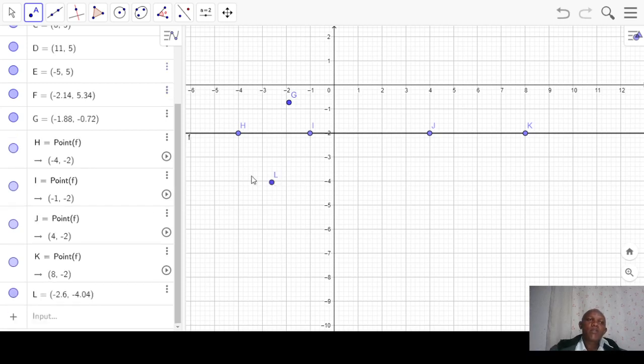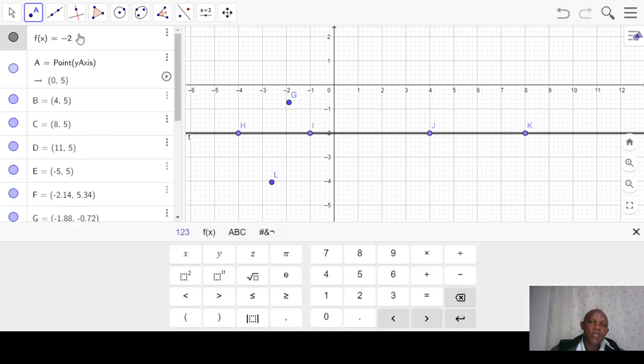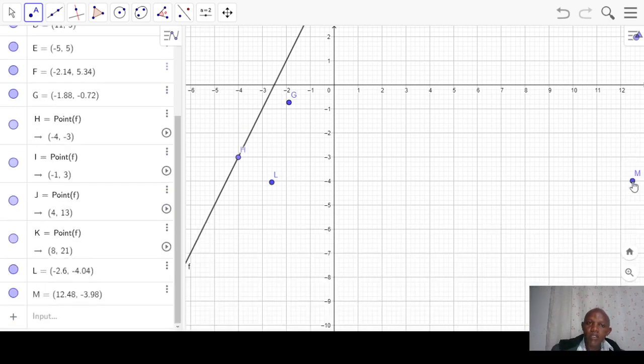The second bit I want us to understand about graphs is the fact that we can make it a straight line equation. So you have, for example, 2x plus 5. How would that line look like?